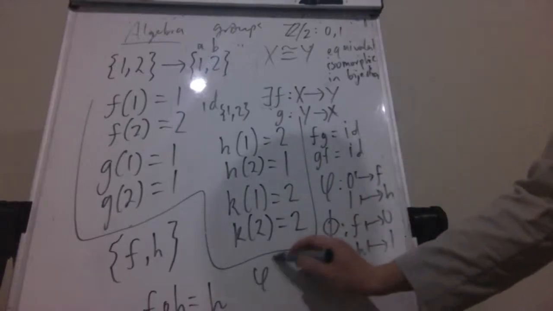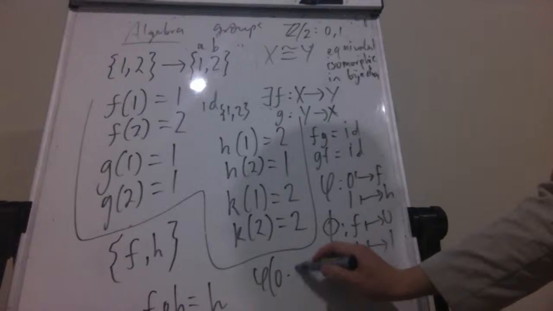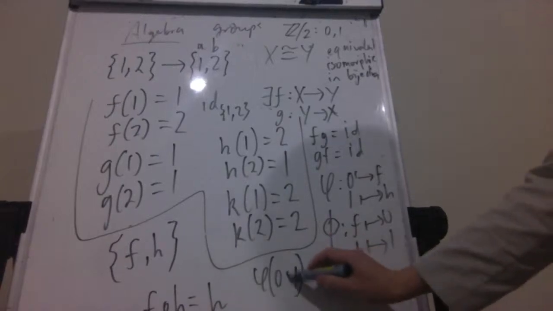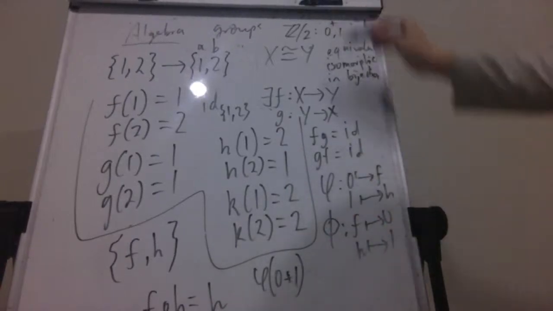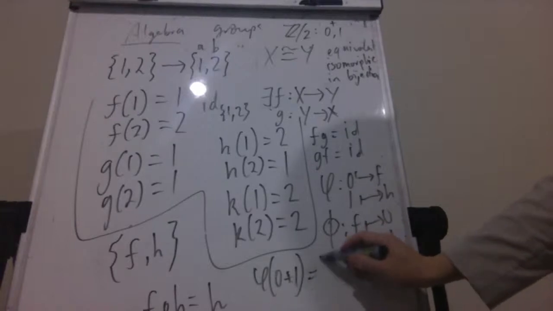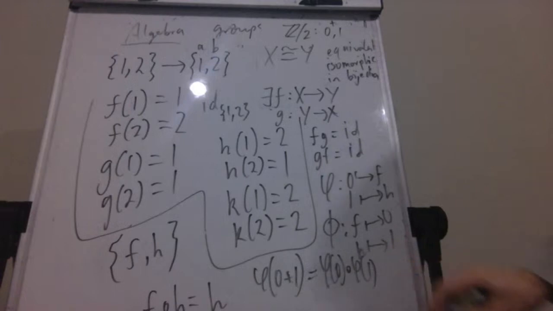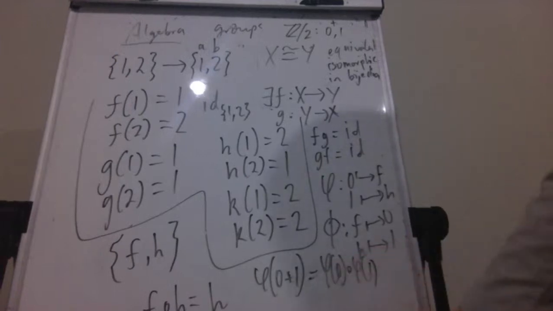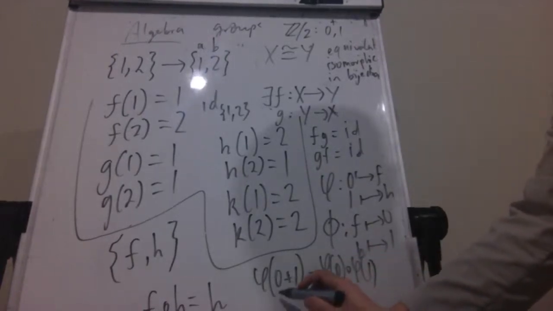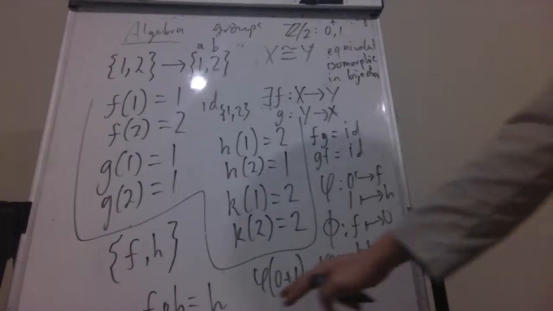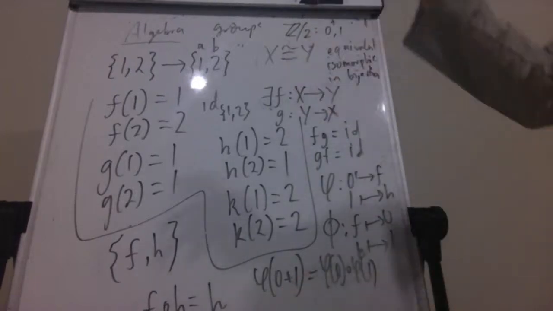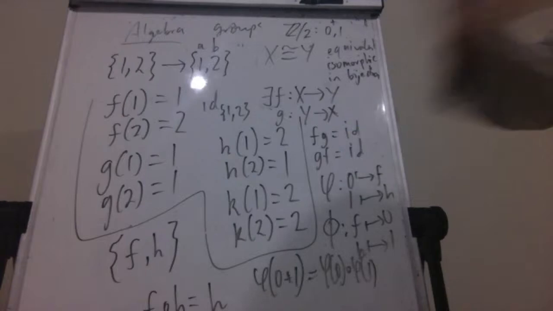So for example, phi of 0 times 1, or plus 1 in the case it's a plus, has to equal phi of 0 composed with phi of 1. And it does because this is this extra condition. For sets to be equivalent, you just need a function that corresponds them.